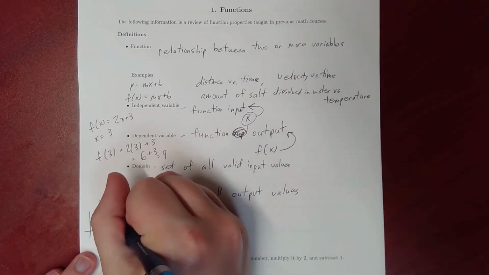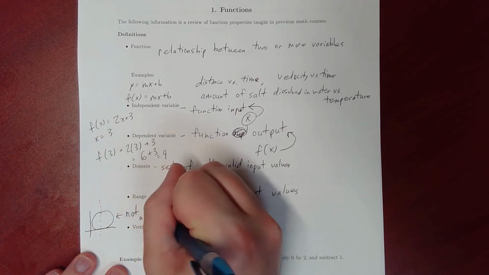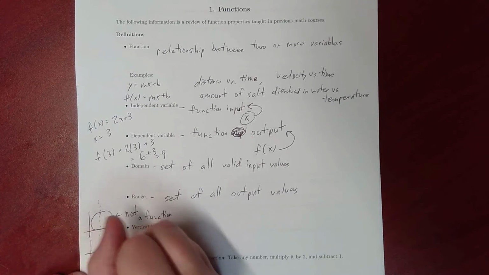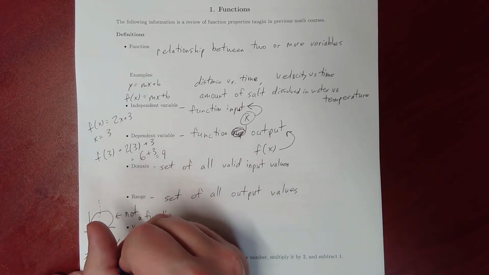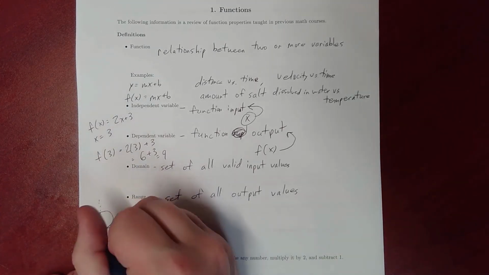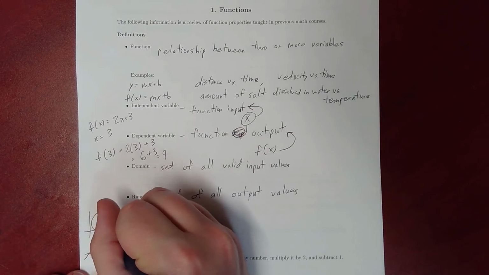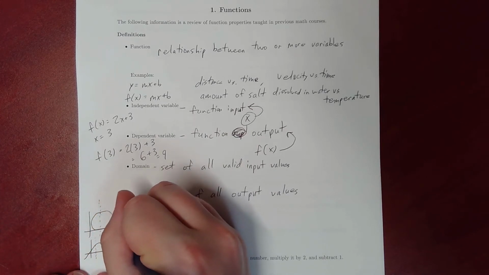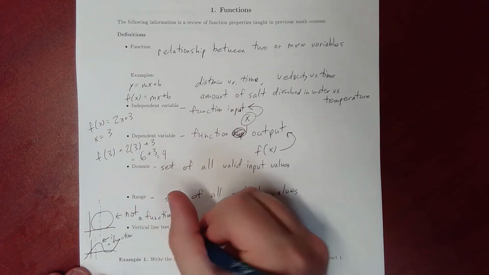So this is not a function. However, if I had something that looked like this, no matter where I draw a vertical line, I will only intersect one point. So this is a function. We don't necessarily know at the moment what it's a function of, but it's a function.